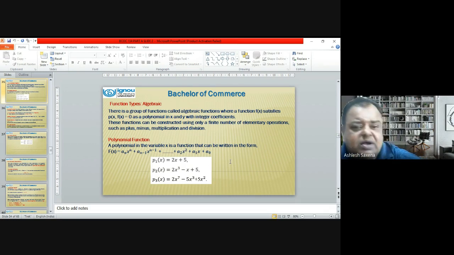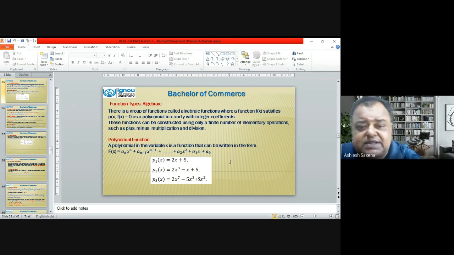If we talk about function types in terms of algebra, there is a group of functions called algebraic functions, where a function f(x) satisfies P(x, y) equal to 0 as a polynomial in x and y with integer coefficients.